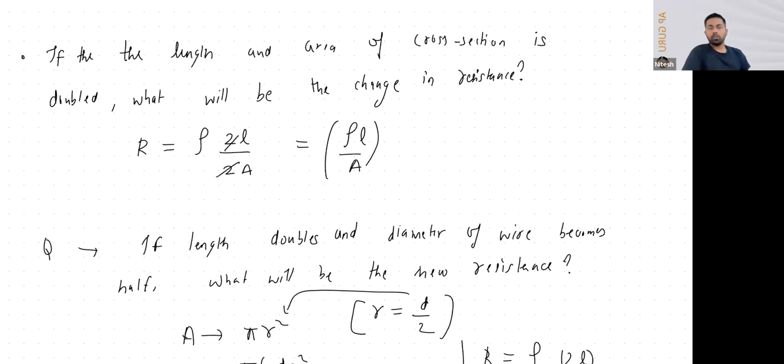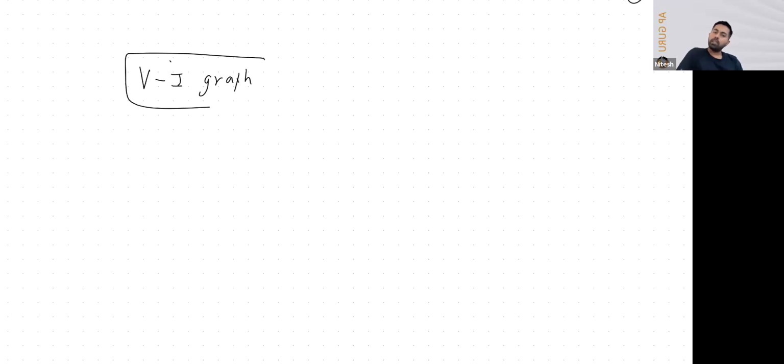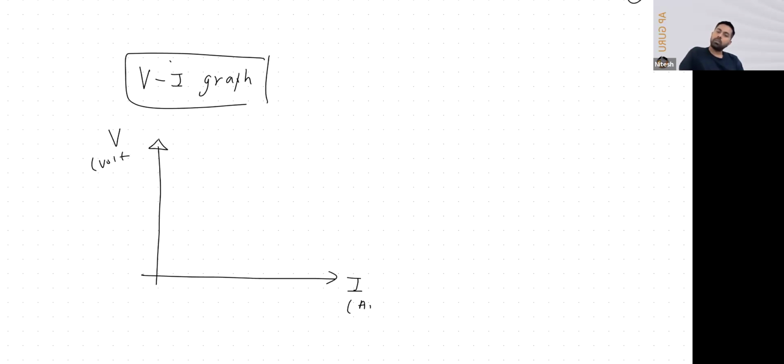Okay. So in the last class, we talked about the VI graph. We said that if you put the potential on one axis and current on the other axis, with V in volts and I the current in amperes or amps, when you draw the line, because V is proportional to I, the graph comes out to be a straight line like this.